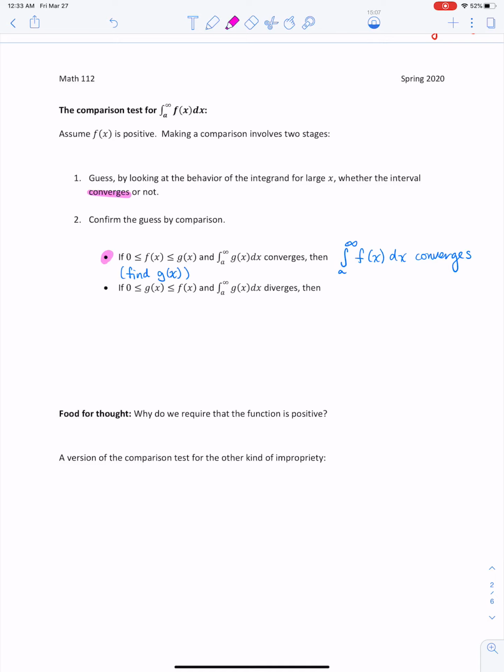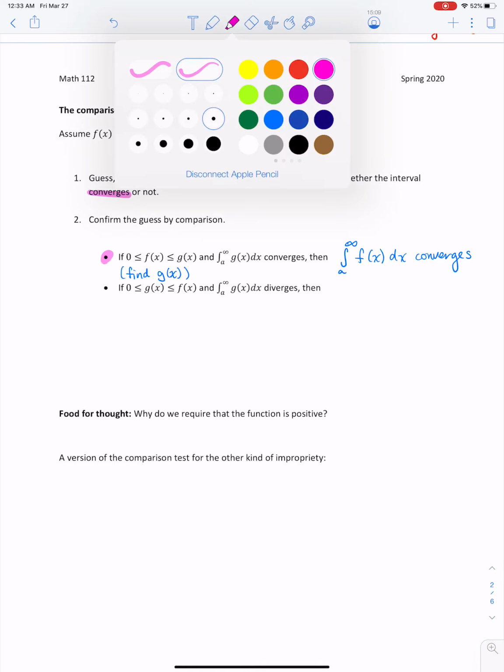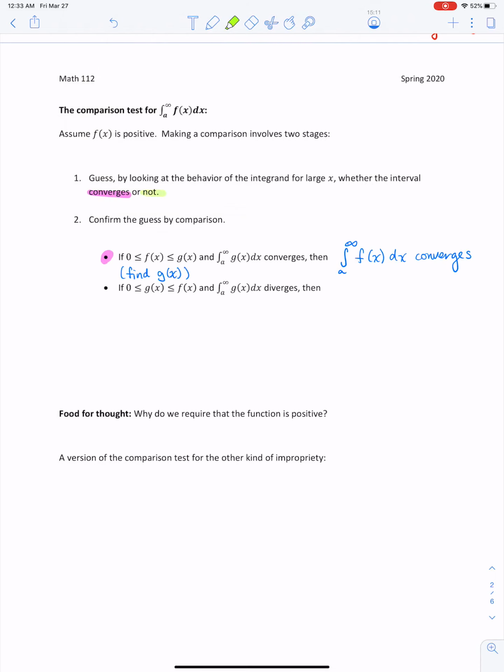On the other hand, if we are guessing that our function does not converge, then we need to find a g of x so that g of x is less than our function and it diverges. Let me go ahead and give a little cartoon of that one.